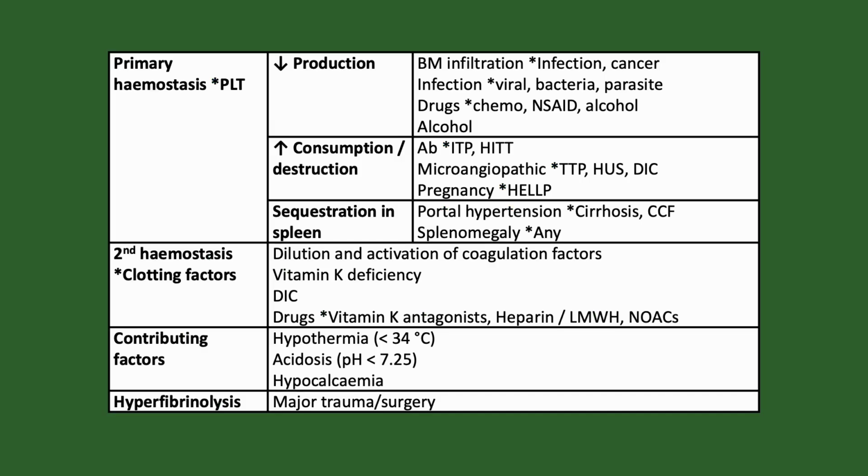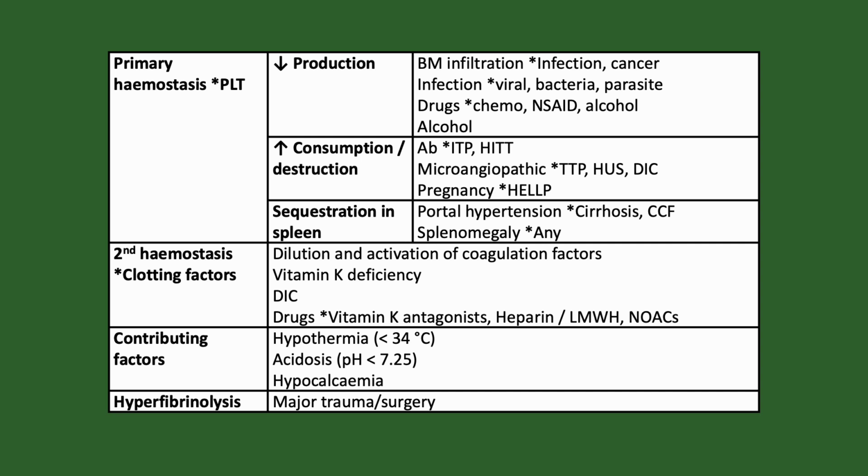The development of a coagulopathy is multifactorial, and the diagnosis may be difficult in the presence of changing physiology in the critically unwell patient. They may be classified in different ways, but examples include those which affect primary, secondary, contributing factors and hyperfibrinolysis.